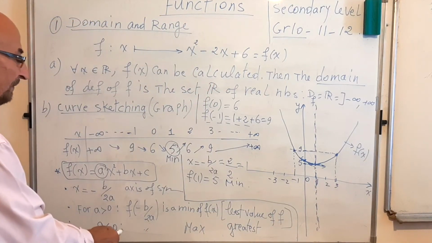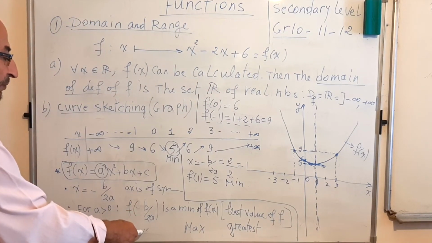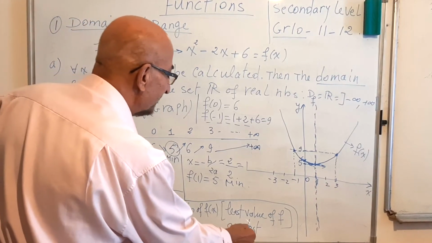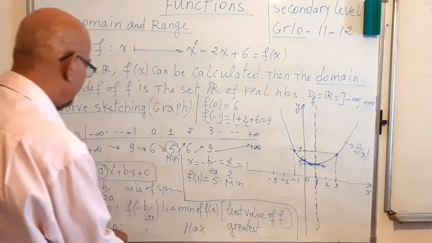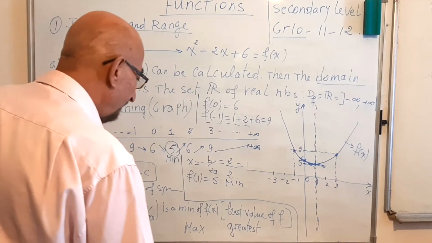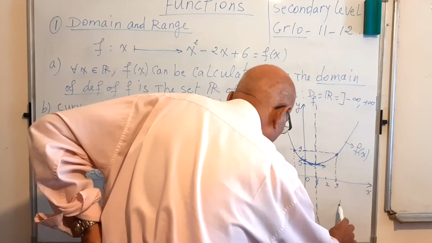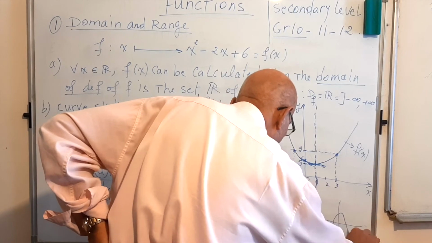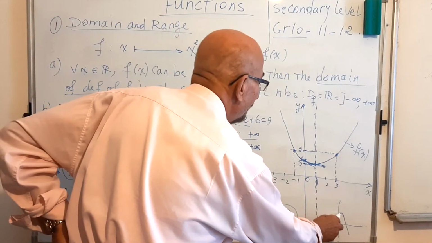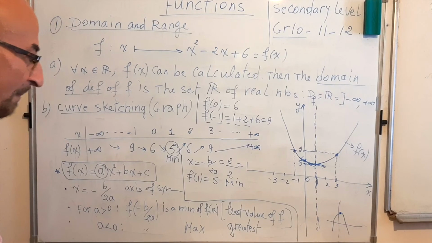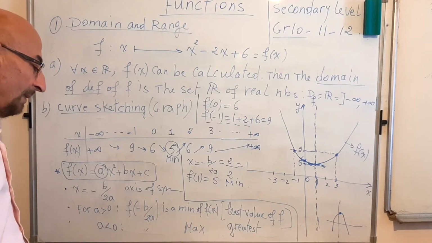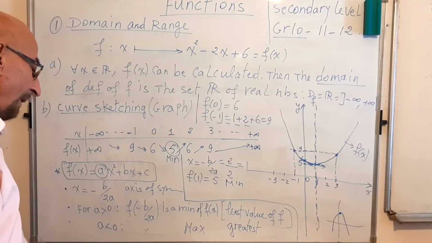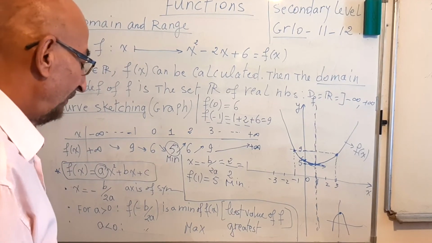For a negative, f of minus b over 2a is a maximum of f of x, the greatest value of f. For a negative, we have the curve in this form, passes through a maximum.